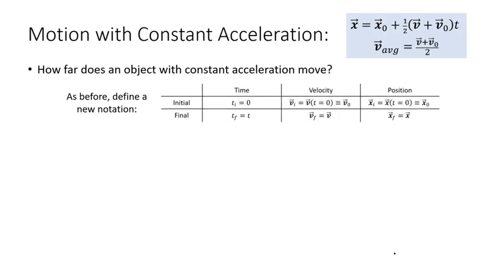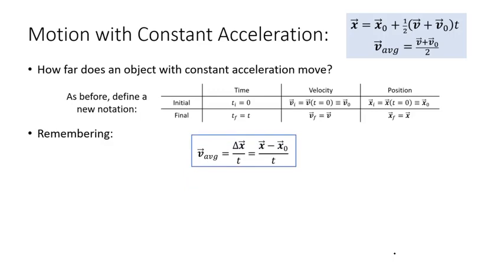I have the same first 3 columns as last time, and now I'm adding in this 4th column, which is position. Just like with v initial, I called it v naught, now x initial, my initial position, I call x naught. And similarly, v final we just called v, now x final, which is my position at time t final, I'm just going to call x.